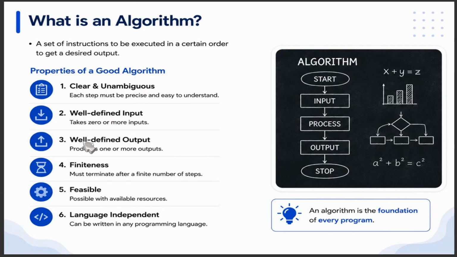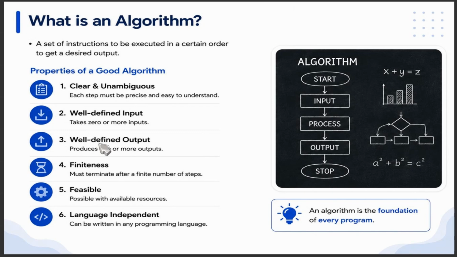The third property is well-defined outputs. Every algorithm must produce 1 or more outputs. If you write steps that do something but never return a result, it's not useful. The output could be a number, a message, or a change in state, but there must be something observable.